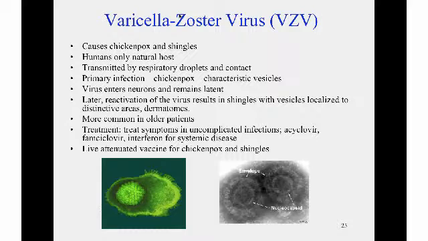So similar to HSV-1 and 2, the virus will enter neurons and remain latent, and then reactivation results in shingles with vesicles localized to distinctive areas. This is more common in older patients in the case of shingles, and now we have a vaccine for this disease.